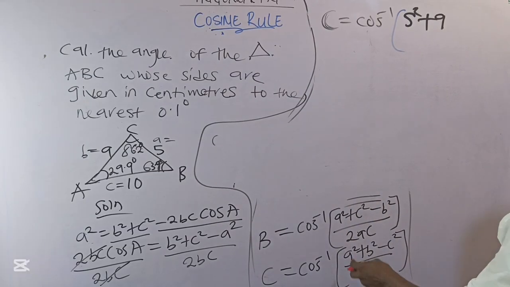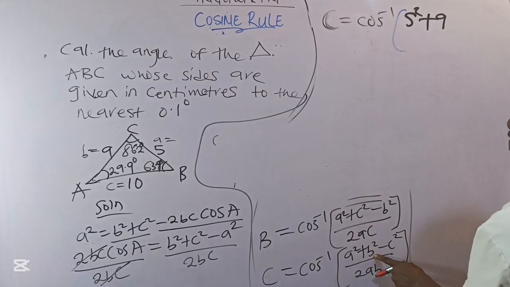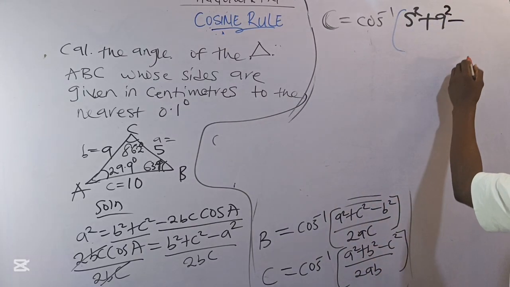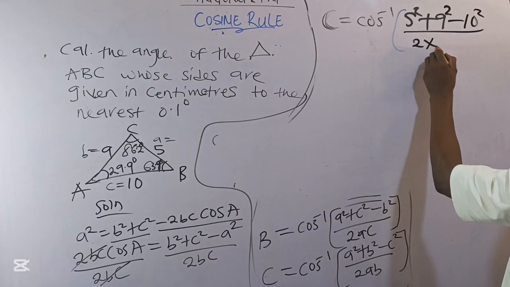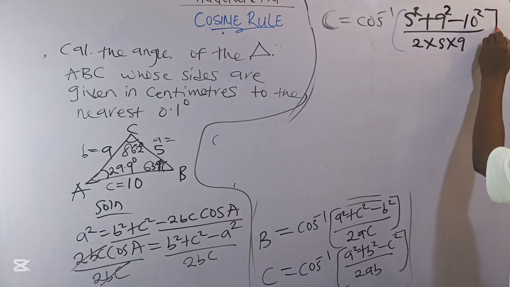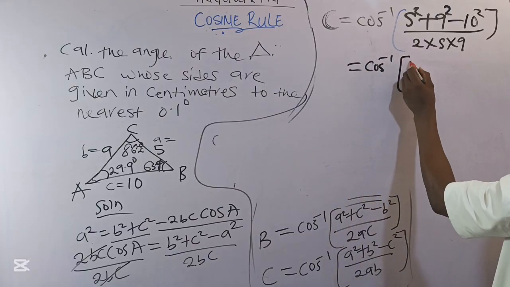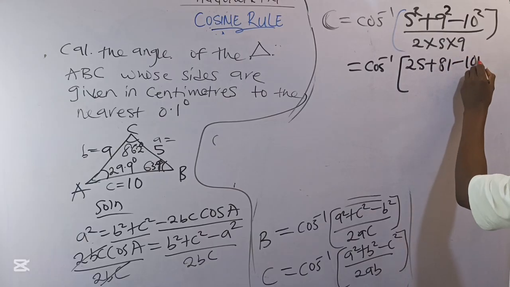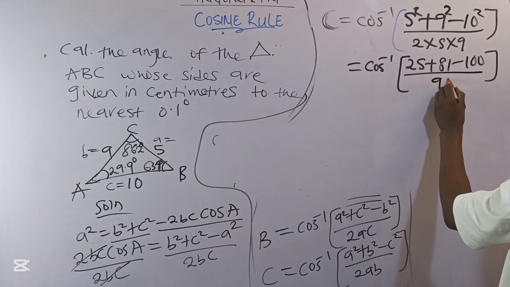So we have cos inverse of A, which is 5, so I have 5 squared plus B, which is 9, so 9 squared, and minus C, 10 squared, all over 2 times 5 times 9, which equals cos inverse of 5 squared is 25 plus 9 squared is 81 minus 10 squared is 100. 2 times 5 is 10 and 10 times 9 gives me 90.